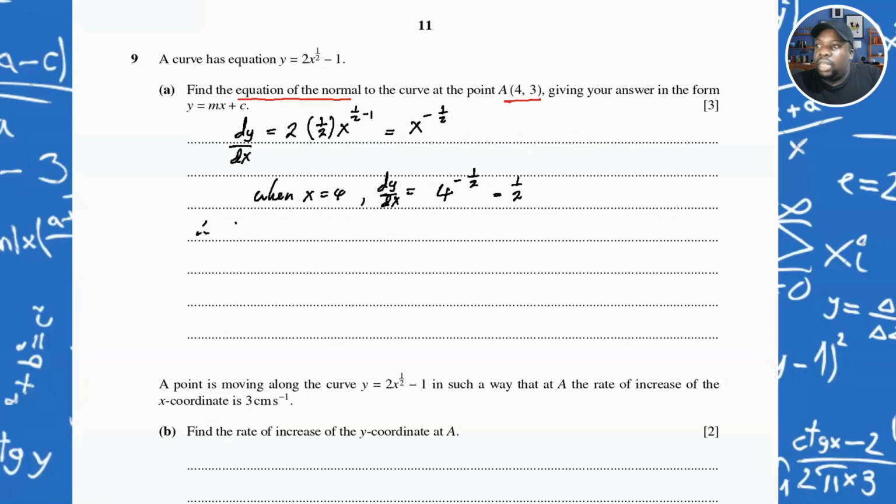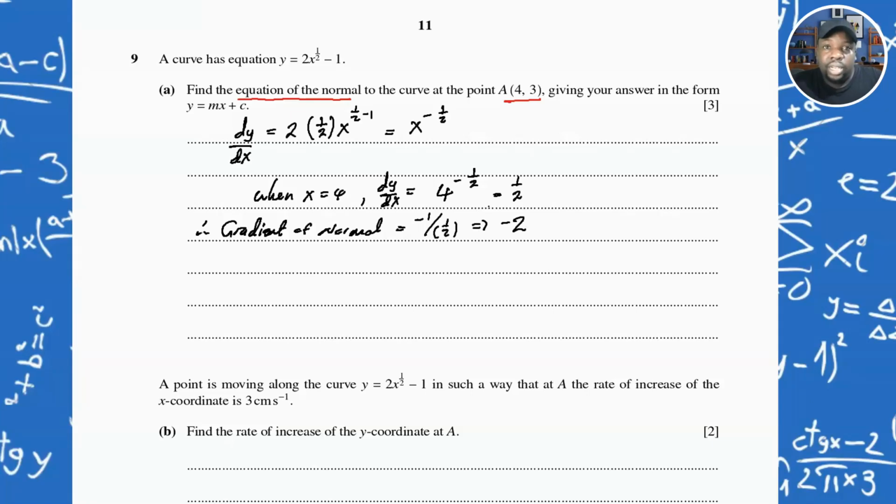So therefore the gradient of the normal, remember the normal is perpendicular to the tangent. It is the tangent at A that has a gradient of a half. So the gradient of the normal should be minus 1 over a half, which actually is minus 2.